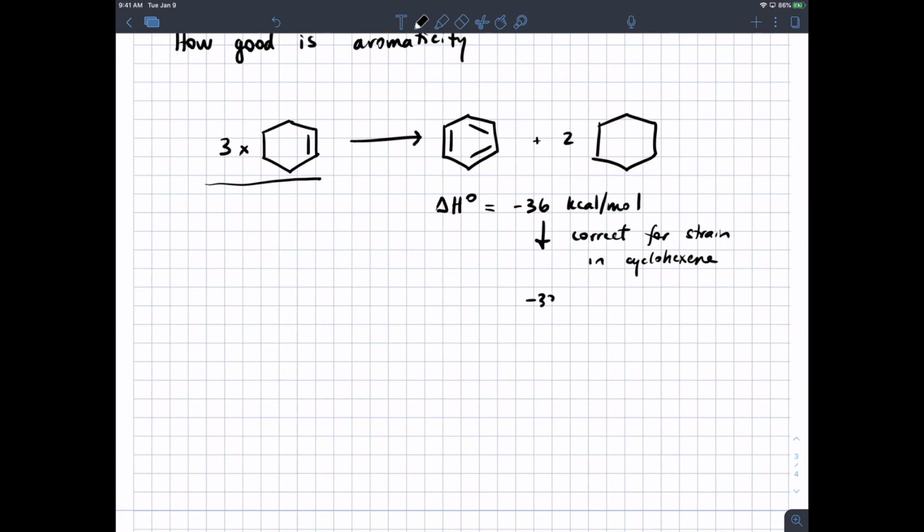And the answer is about 32 kilocalories per mole of stabilization. So that's enormous. It's almost worth an entire extra pi bond. So that's kind of fun.